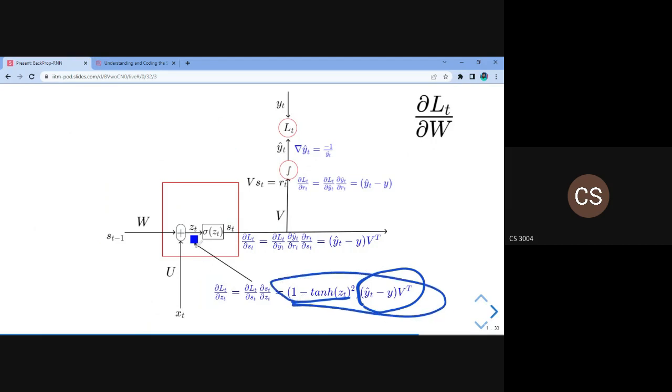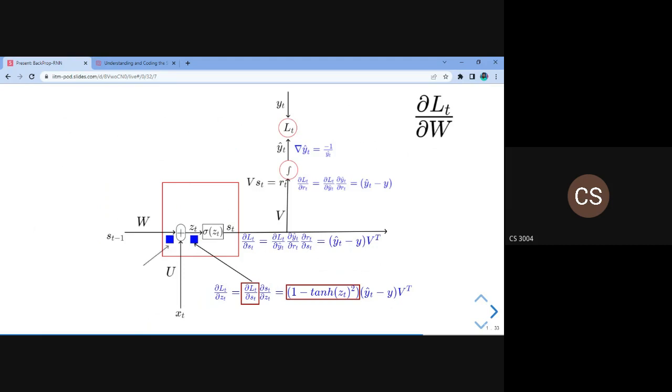Now I have to make use of this, and since I have a plus symbol, these things will get split. The next step is to make use of this in order to compute the gradient for W. Remember this newly added term, nothing else.